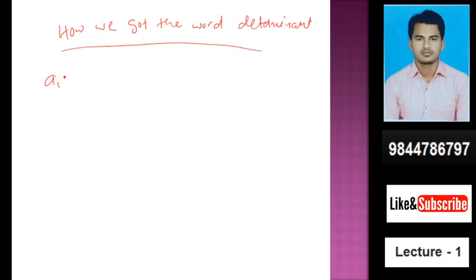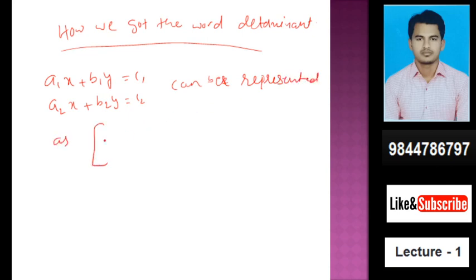Generally I am going to write here, this is my system of equations, a linear equation with 2 cross 2. So this can be represented as a1, b1, a2 and b2, into x and y is equal to c1 and c2.